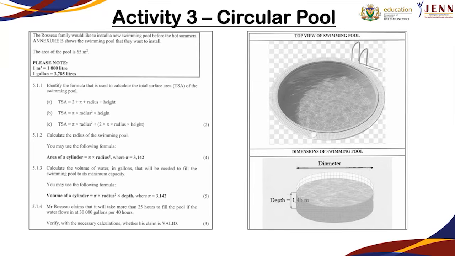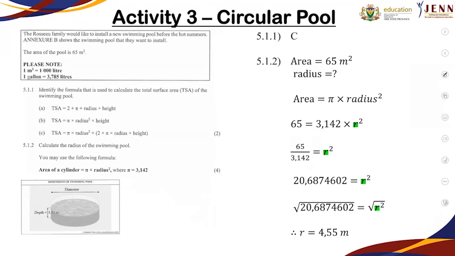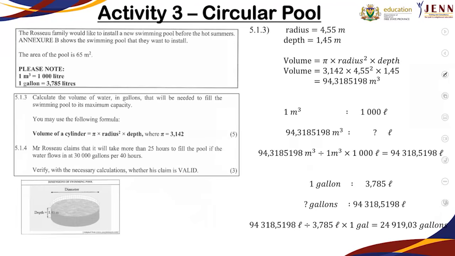That is important. Okay. So what else can I see on this picture is that on the right-hand side, you've got the top view of the swimming pool. Then you've got the dimensions of the swimming pool, which has got a diameter, and it's also got a depth of 1,45 meter. Yes, at the bottom.